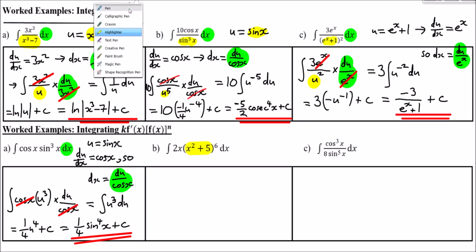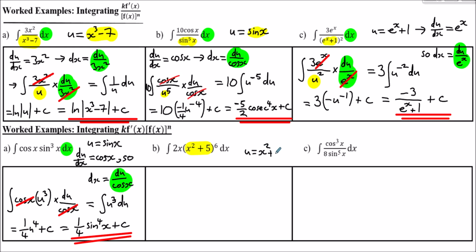So this time again, we're going to put u as x squared plus 5. du by dx is 2x, so therefore dx is du all over 2x. So I can switch dx in terms of du.